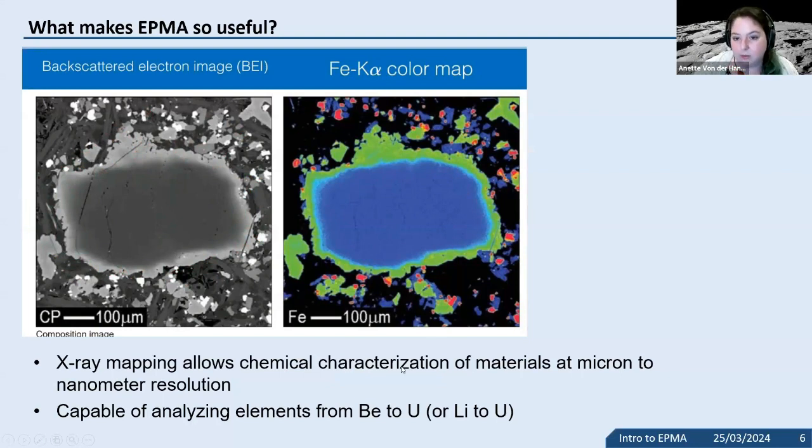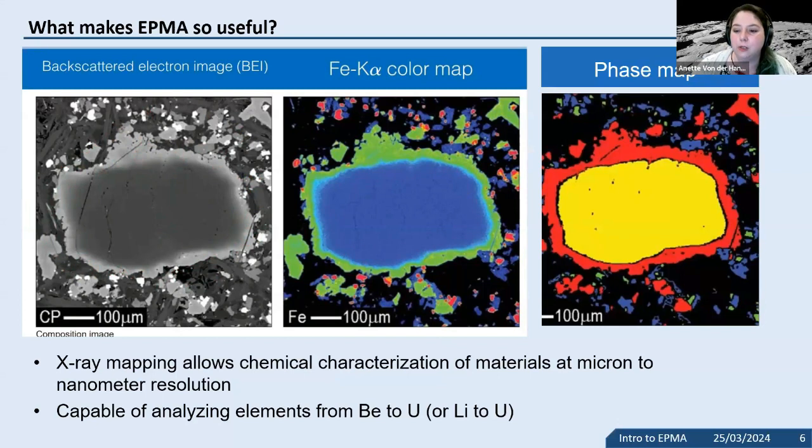And in this case, iron. And because we can analyze more than one element at a time, we can turn that even into a phase map and easily distinguish different types of minerals or inclusions and so on. Okay, so it is very versatile for the chemical characterization of materials, and we have micron and below spatial resolution for that.